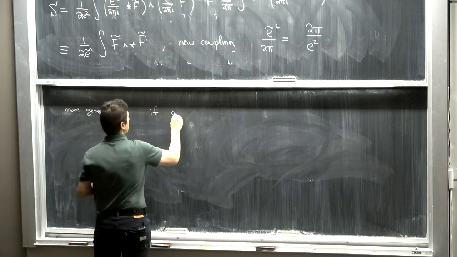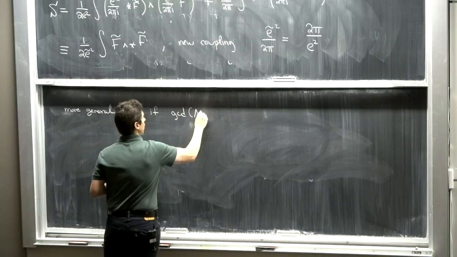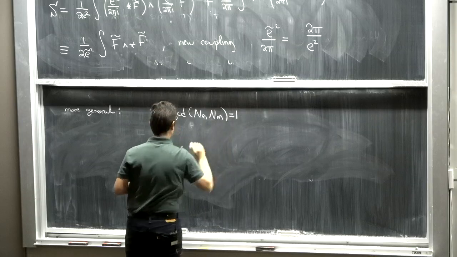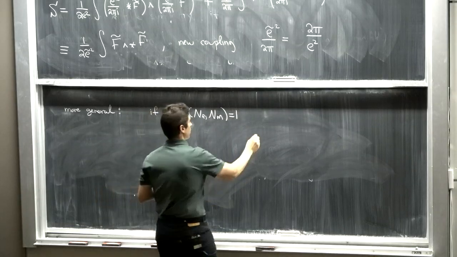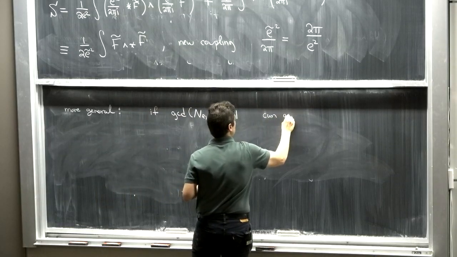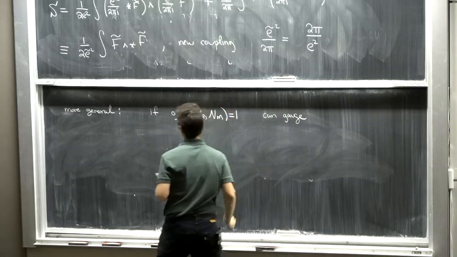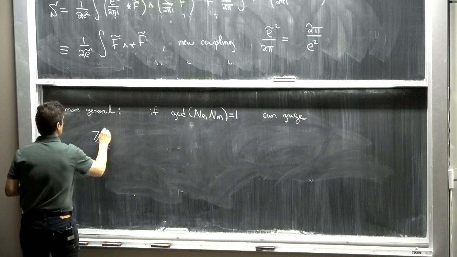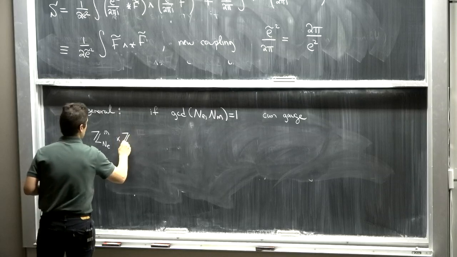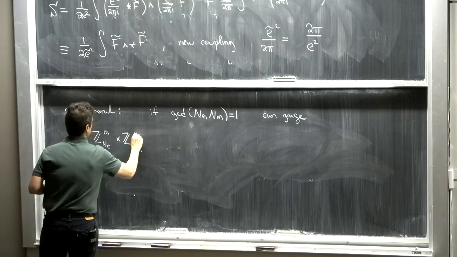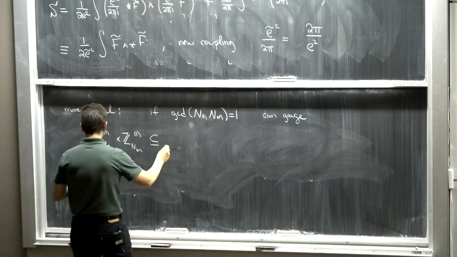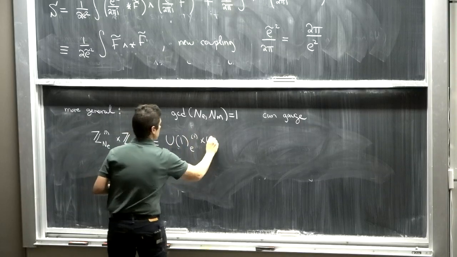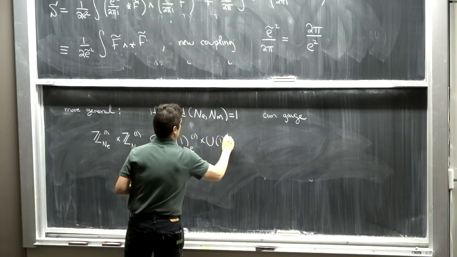If the greatest common divisor of N_E and N_M is 1, then we can gauge Z_{N_E}^{(1)} times Z_{N_M}^{(1)} inside the product U(1)_E times U(1)_M one-form symmetry.